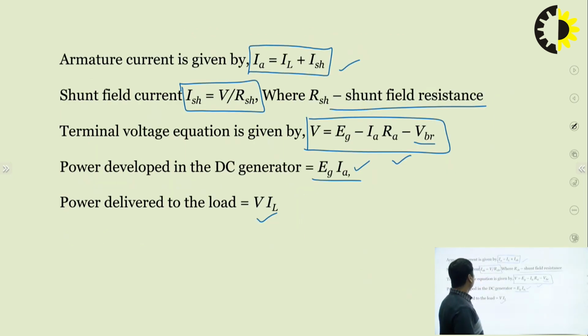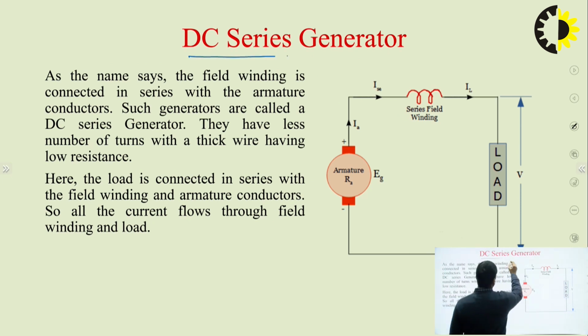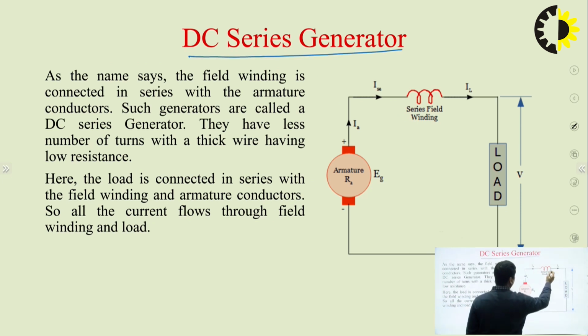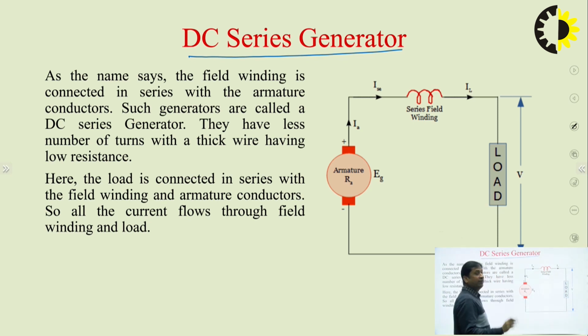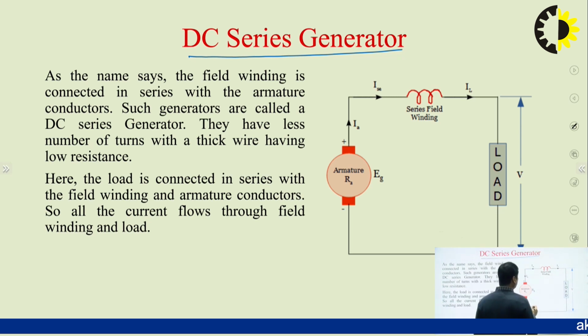Now let us take the example of a series generator. In a DC series generator, this is the field winding, and it has a small number of turns compared to the shunt generator, because this winding is in series, so its resistance must be low. One more thing is that the current flowing in the armature flows through the series winding, and the same current flows through the load.